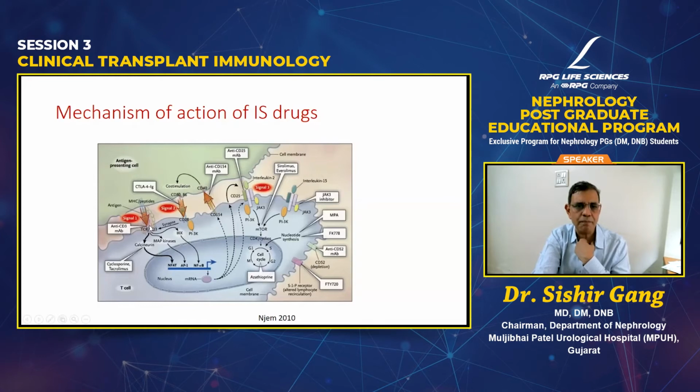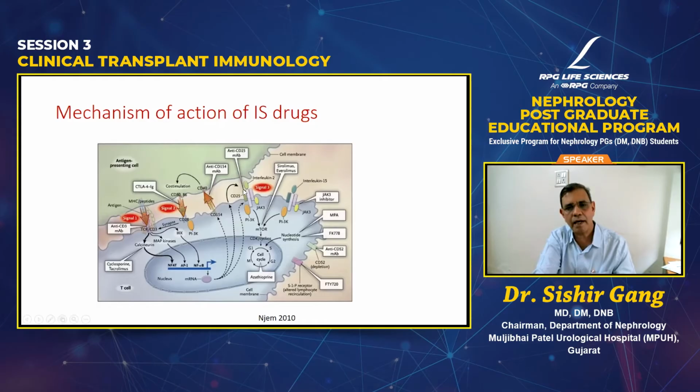In the downstream pathway after signal 2, as I said, calcineurin is important for phosphatases, which dephosphorylate the NFAT. It goes into the cell, and cyclosporin and tacrolimus block the calcineurin. Blockage of calcineurin will not allow the further generation of the cytokines important for cell proliferation.